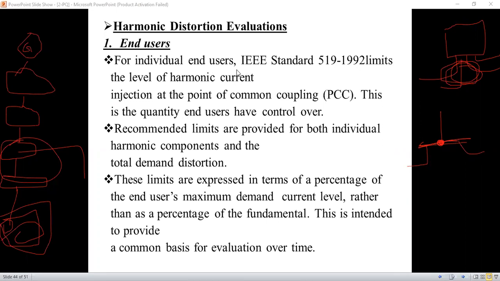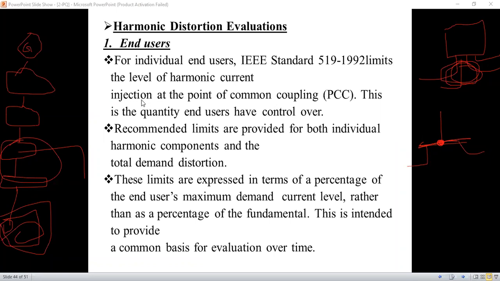For individual end users, IEEE standard 519-1992 limits the level of harmonic current injection. According to this standard, they give limit values for how much harmonic current should be injected at the common coupling point, called PCC. Common coupling point and point of common coupling are the same.